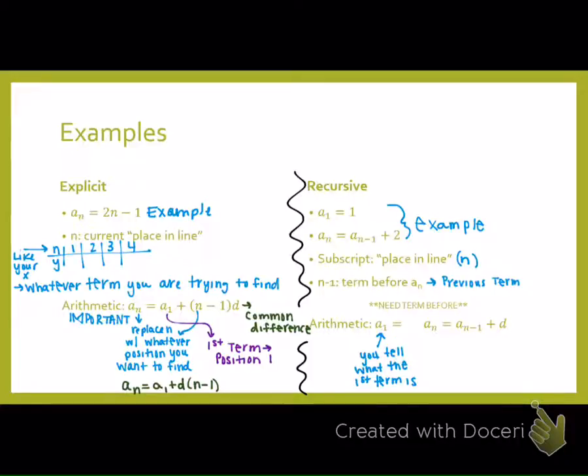Then you get to write this formula. And then this is your place in line. And this is the previous term. N minus 1 means previous term, and then we know D is the common difference.